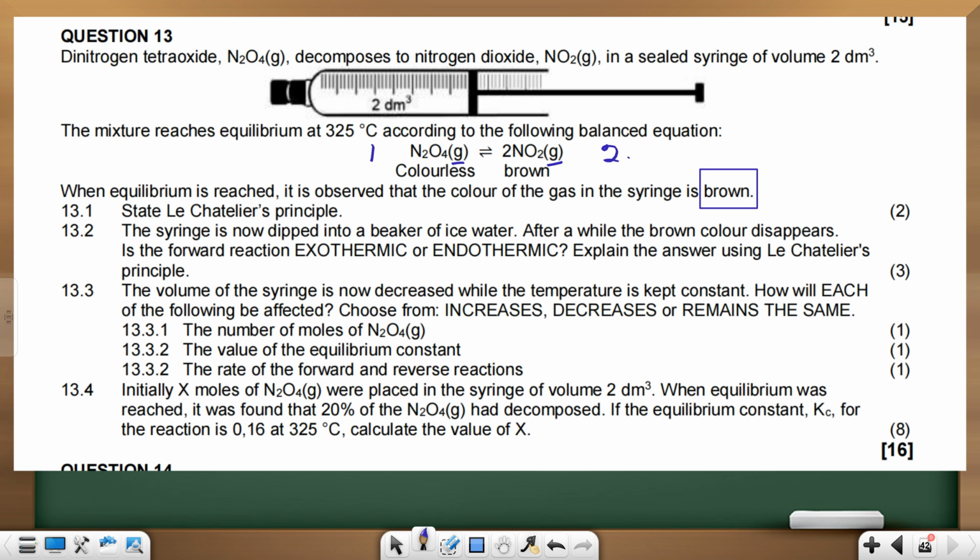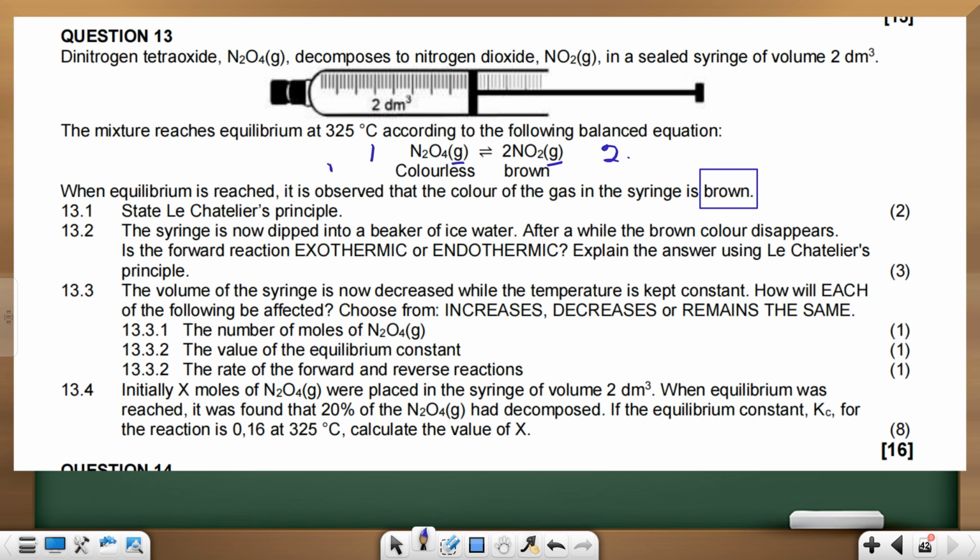Which one is fewer? So if volume is decreased, I'm increasing pressure. An increase in pressure will favor the side with the fewer moles. Which side is favored? The reverse.